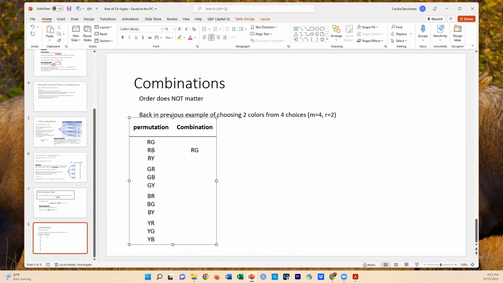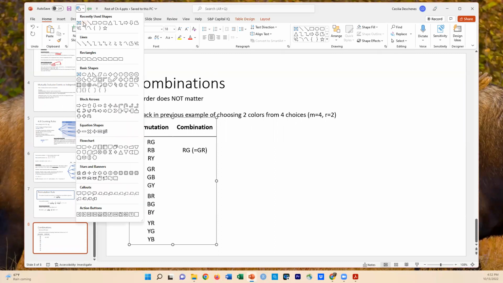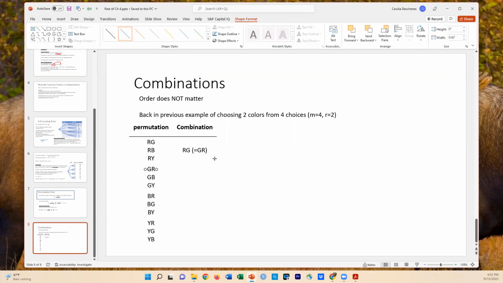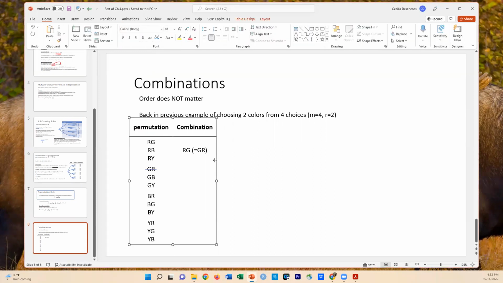So we take red, green, but that is equal to green, red. So the order doesn't matter. So this one we've already taken care of. Then we can go to the next one and get red, blue, but that's equal to blue, red.